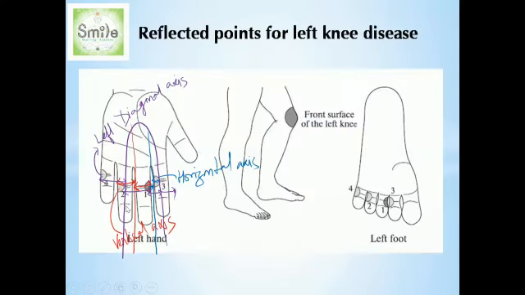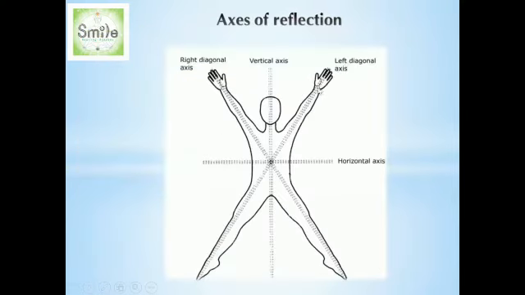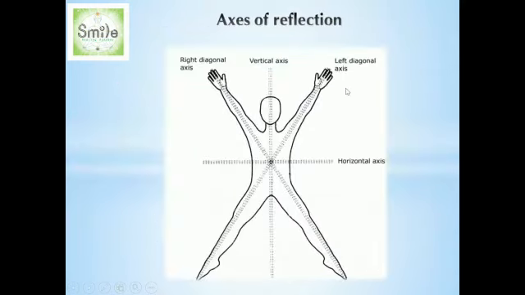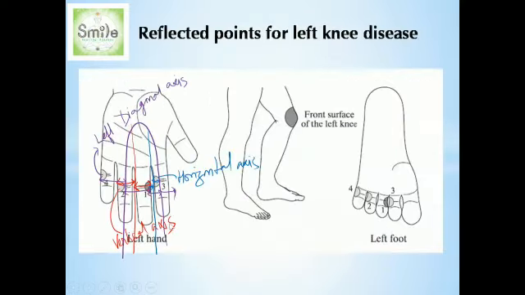The horizontal axis is passing between the left hand and leg, so we have drawn it in between the left hand and leg. And this left diagonal axis is passing through the left hand to right leg, so we have drawn this from left hand to right leg.